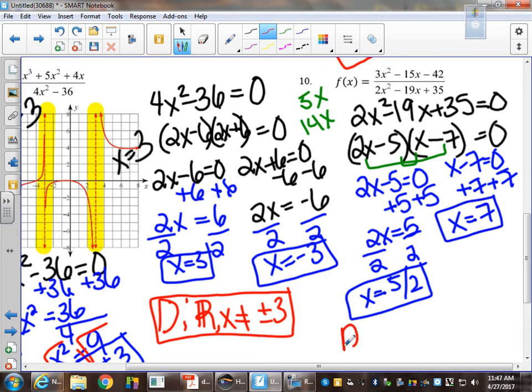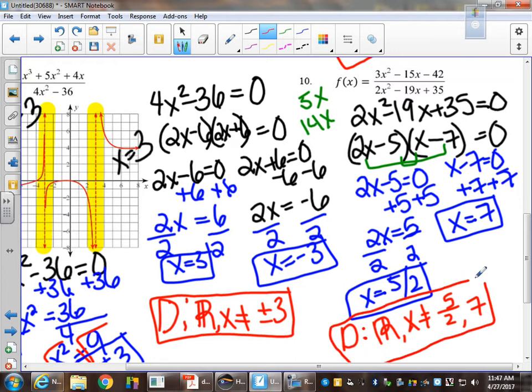Our domain: x cannot equal 5 halves or 7. And if you're getting to a certain point and we're matching, but you're not done, so say you get here, and you haven't finished the problem, pause the video, try to finish on your own, and then see if we match.